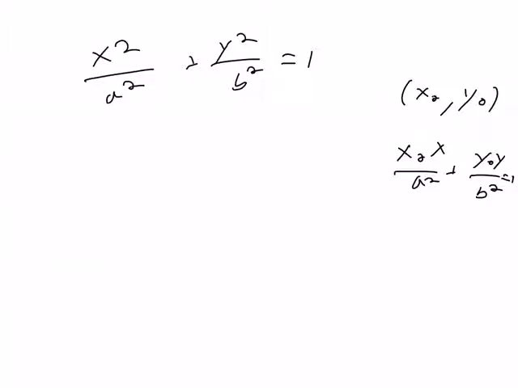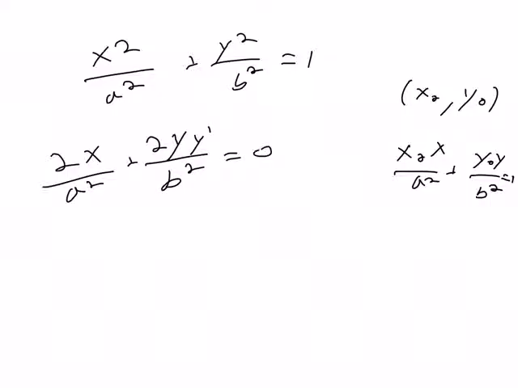So what we're going to get is 2x over a squared, right? 2x over a squared plus 2y y prime over b squared is equal to 0.